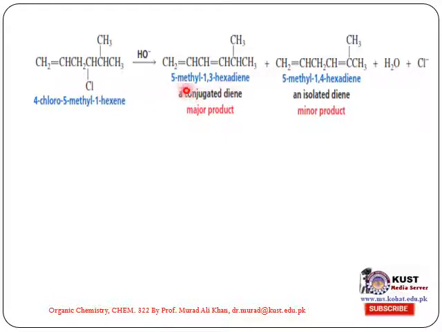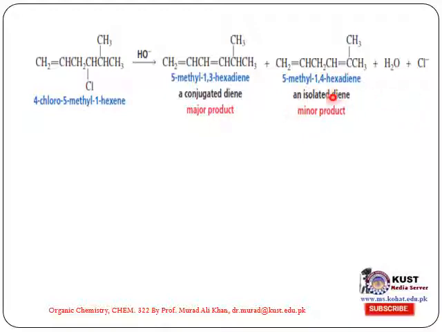Here you see, if the proton is removed from this carbon, we will get a double bond between these two carbons, and we will get 5-methyl-1,3-hexadiene, and that is a conjugated product, and that will be the major product.